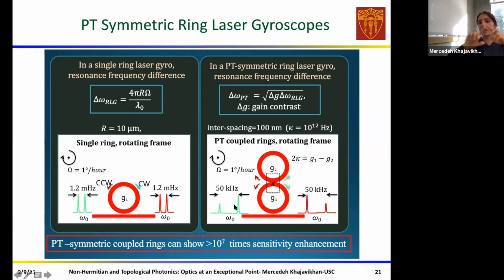Even though you are not really moving along that line, you're actually moving in a two-dimensional or three-dimensional space, which I will show you in a few slides down the road. But the two points that you are going to end up at are going to be seeing different amounts of gain. That's why they have different heights.